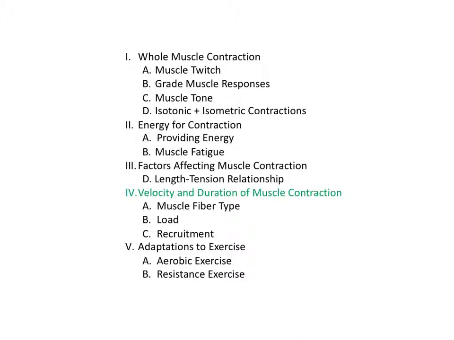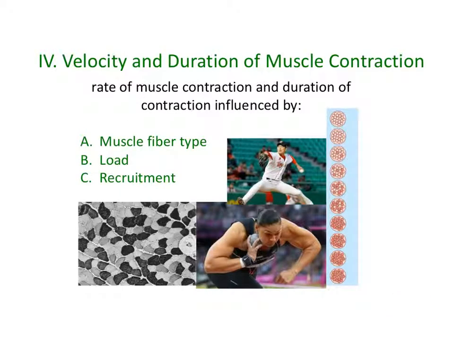So our next topic will be talking about changes in velocity and duration of muscle contraction. So rate of muscle contraction and duration are impacted by muscle fiber types that are involved, the load that the muscle is acting on, and then recruitment.